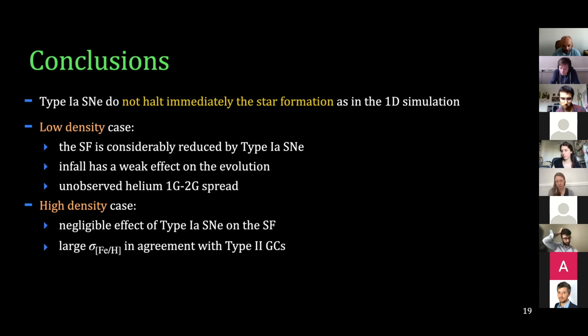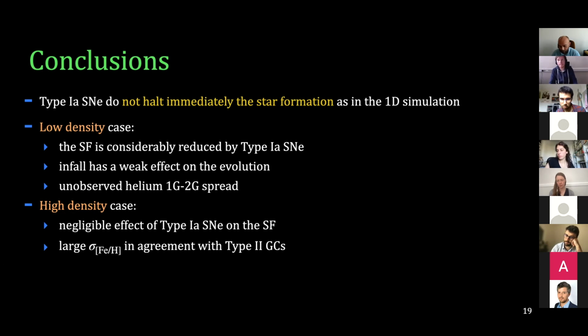This is an input ingredient, an ad hoc assumption that needs to be made in order for the AGB scenario to work, because otherwise the immediate effect would be the abrupt stop of the star formation, and also the metallicity constraint wouldn't work anymore, because you would end up with second generation stars which are more enriched in iron than first generation stars, which is not observed in most of the clusters.